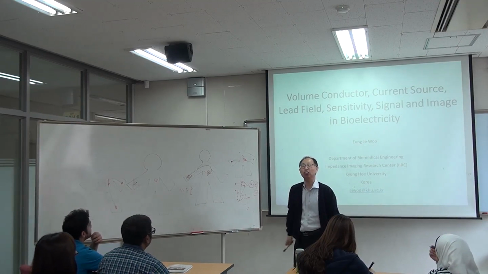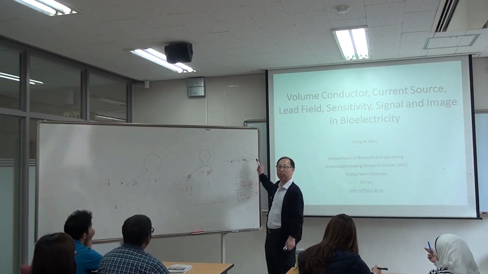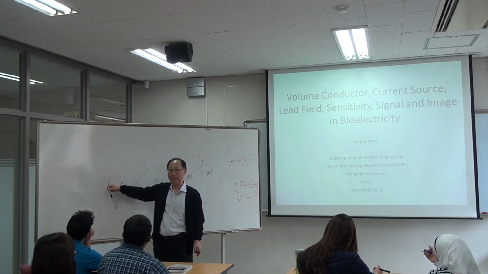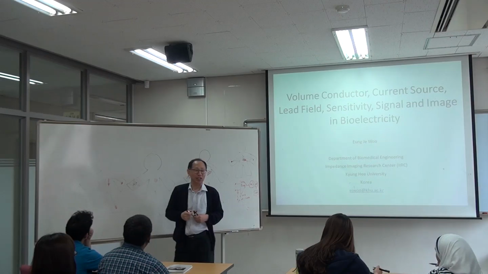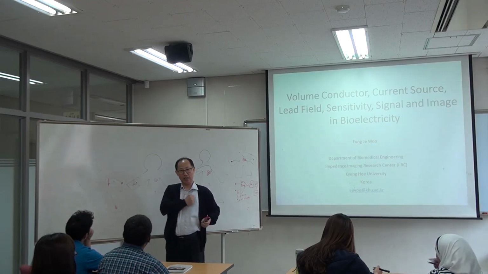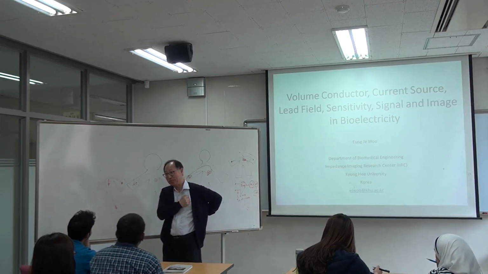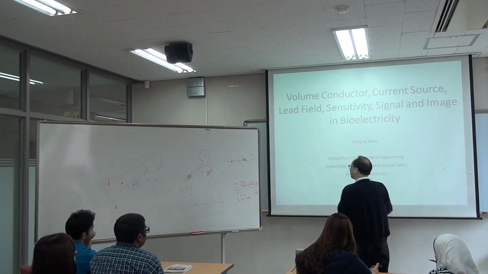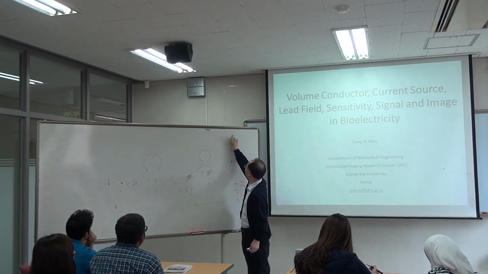You have a horizontal component and a vertical component, so you need depth information. How should you attach the electrode? 1 electrode here, another electrode at the back. That's called XYZ lead.